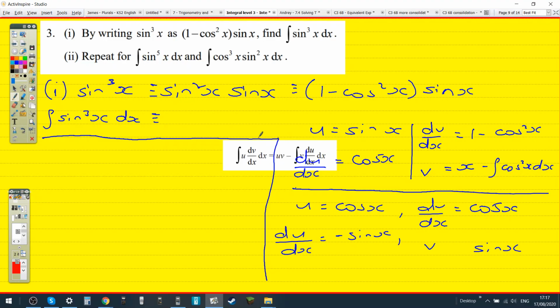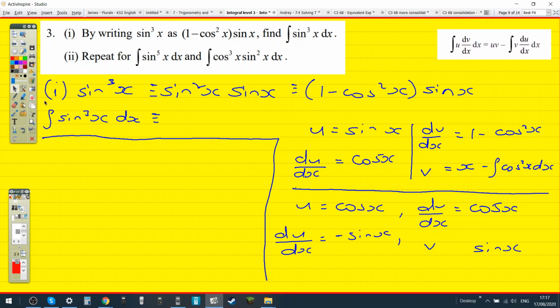Oh, I don't really need it, but okay. So cos x sine x minus the integral of minus sine x cos x. Will this just go on forever? I think it will, because it's trig, won't it?